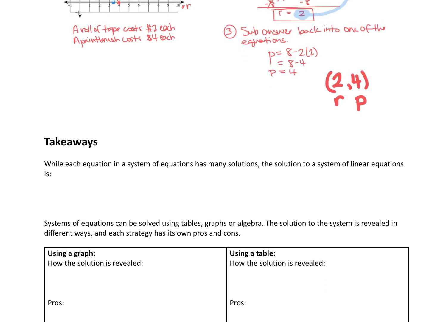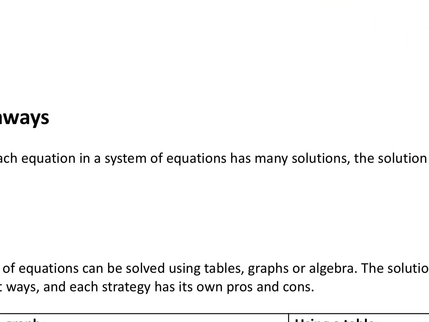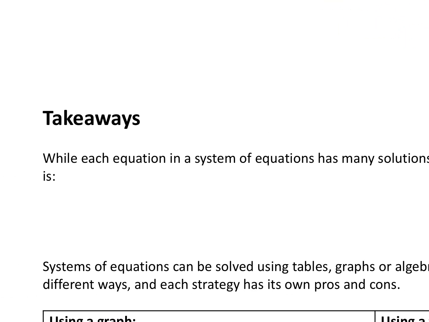All right, our first takeaway has to do with the fact that while each equation in a system of equations has many solutions, the solution to a system of linear equations is a single ordered pair. It's where the two lines cross, or where, if you use substitution, you algebraically solve for x and y.